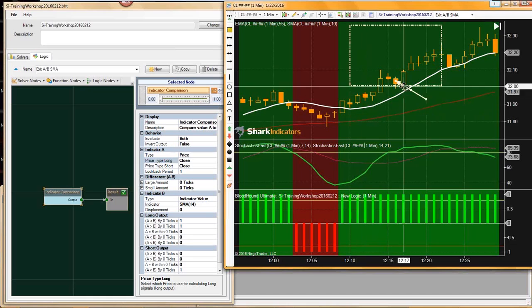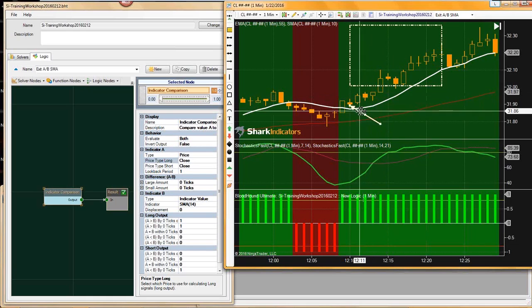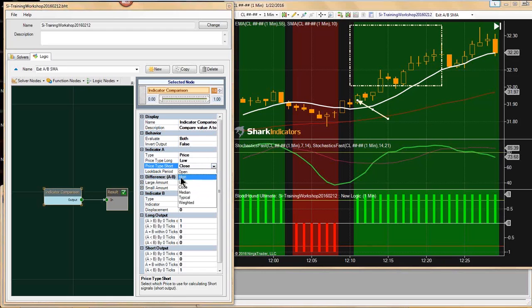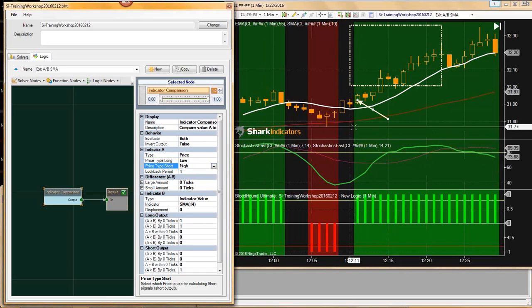So we want a long signal, right? A long output exits a short trade. So for price type long, we're going to set that to the low price. And then to exit long trades, we're going to use the short output, and then we're just simply going to use the high price, like that.